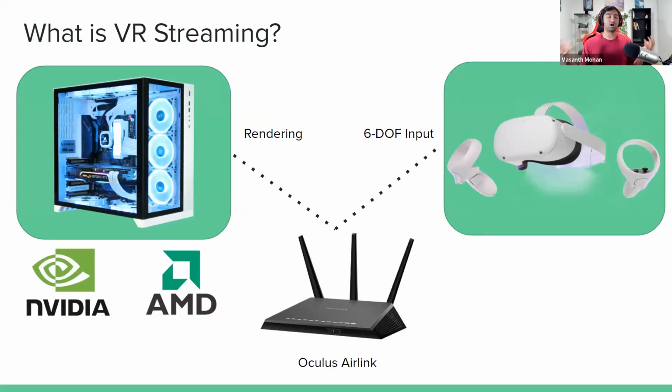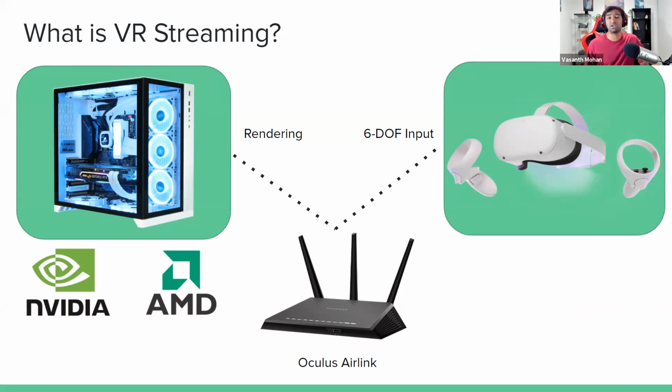So broadly, I think it first helps to address what VR streaming is. For anyone who has tried Oculus Quest with AirLink, it's basically that concept where you have a VR headset connected over a wireless, or could be wired, connection, but traditionally in the case that we're looking at, wireless.